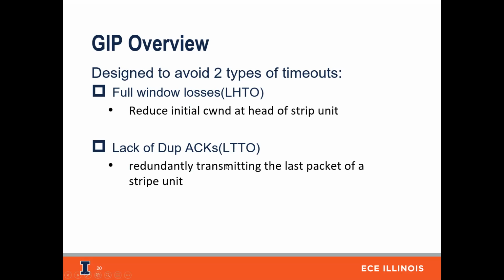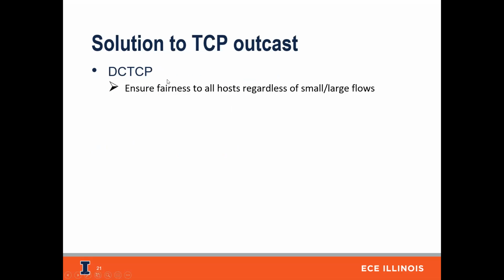Also, GIP redundantly transmits the last packet of a stripe unit for avoiding the timeouts due to insufficient duplicate ACKs. One thing to mention is that GIP also contributes to solving the TCP outcast problem, which ensures fairness to all hosts, regardless of small or large flows.